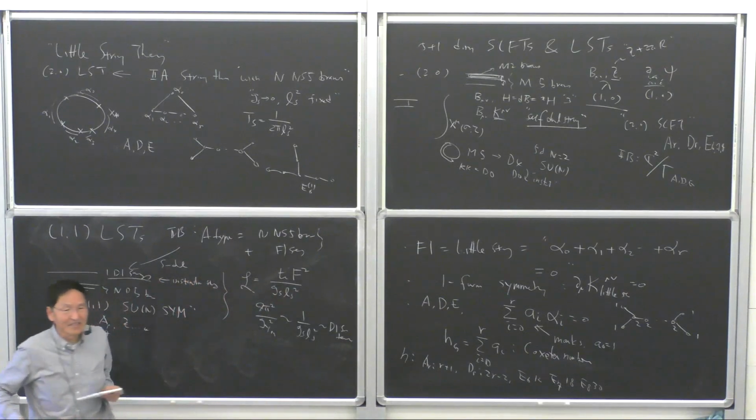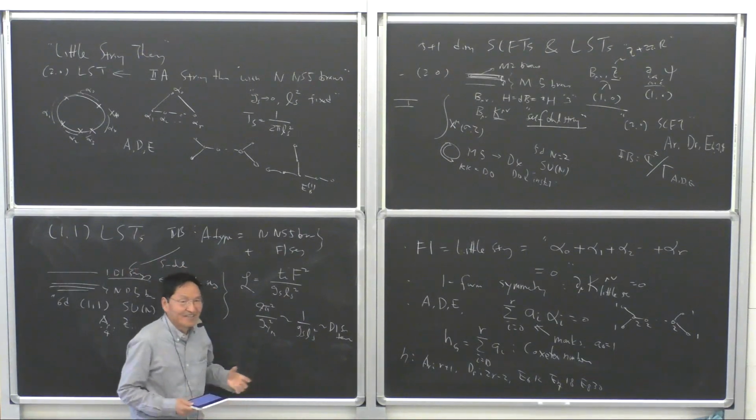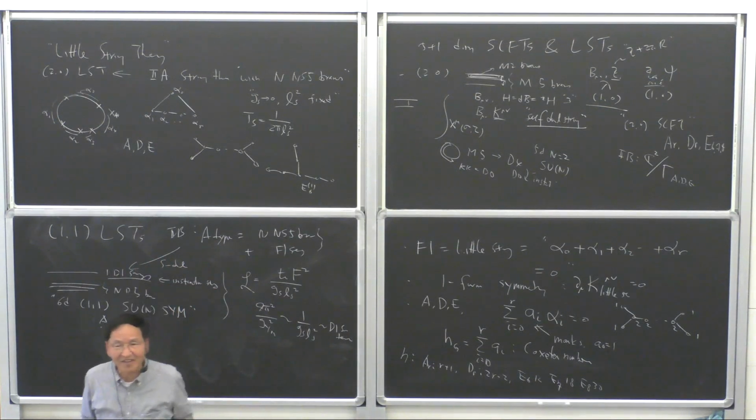Okay, so we have the Lagrangian. Low energy dynamics. So we know the 6D 1,1 supersymmetric Yang-Mills theory is of course non-renormalizable and UV incomplete. But somehow, if you do the instanton string physics right, it becomes a UV complete little string theory.